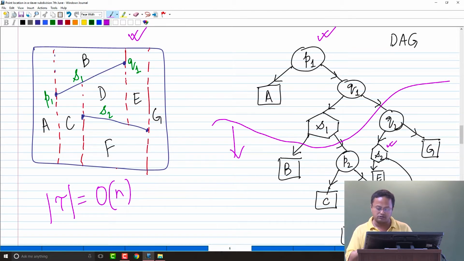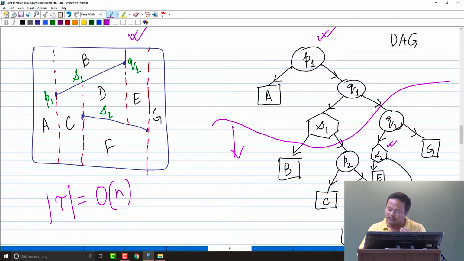Is there anything else multiply stored? Possibly not in this. The leaves are only the trapezoidal faces, in here only S 2. But again it cannot be many times.